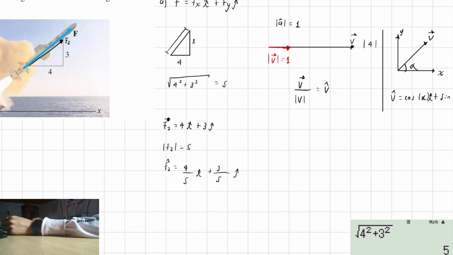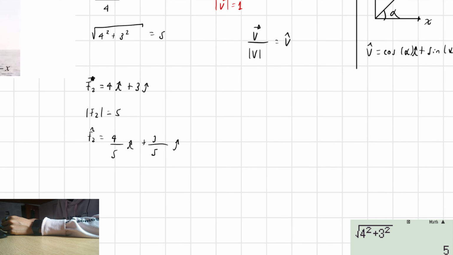Now, there is something else that you should know, and it is that when I have a vector, for example, the vector k, and the vector, for example, the vector j, if both of them are parallel between each other, that means that the unit vector of k is going to be equal to the unit vector of j.